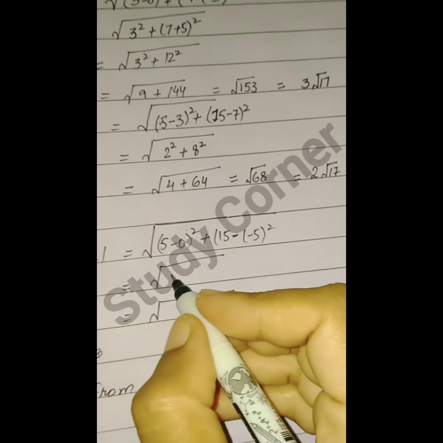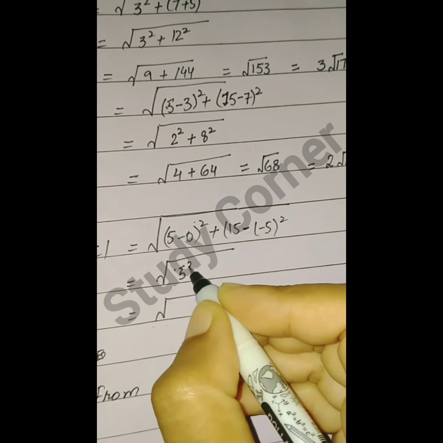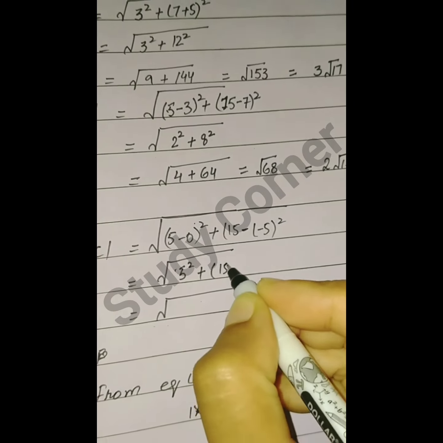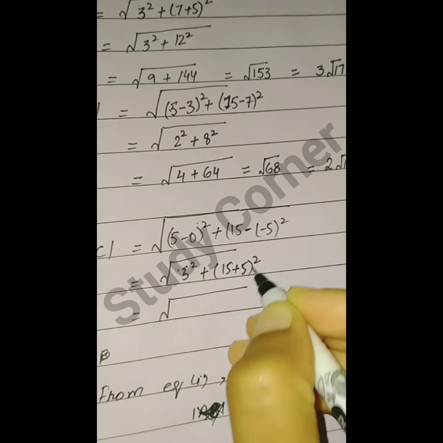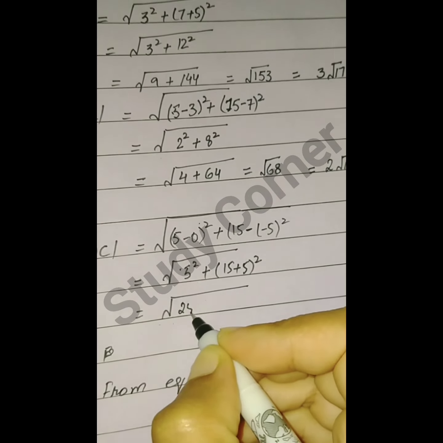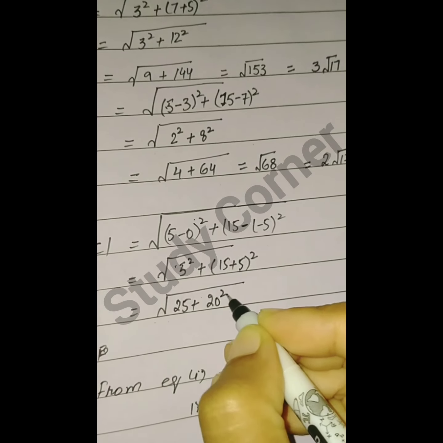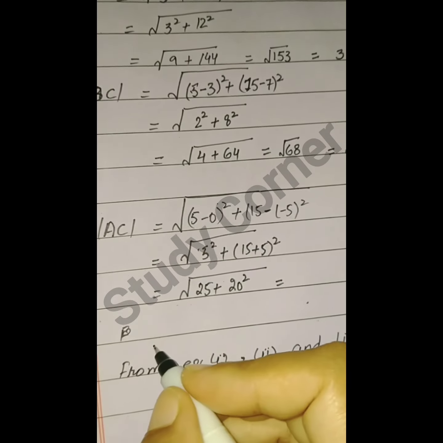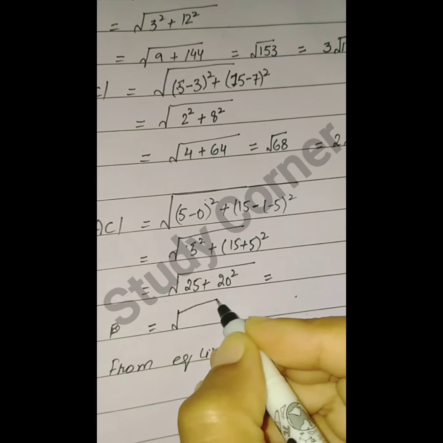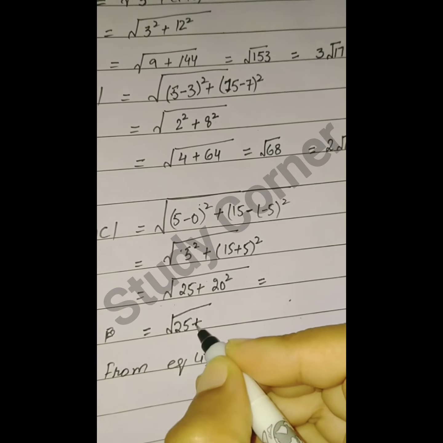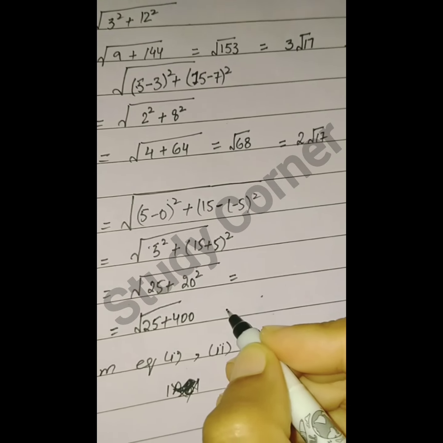So this is 5 square, and this is 15 plus 5 whole square. You get 5 square is 25, and 15 plus 5 is 20 whole square. और ये further अगर हम simplify करते हैं तो we get 25 plus 400.